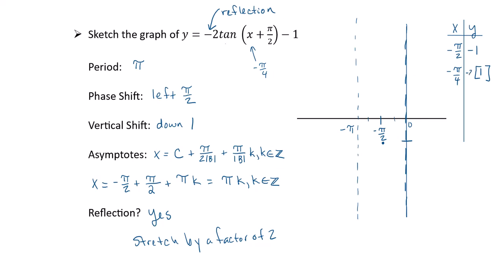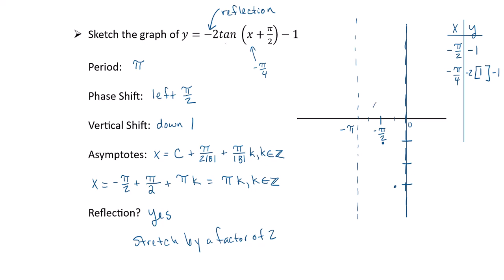But remember that is being multiplied by a negative 2, and then 1 is being subtracted from it, so we end up with a negative 3 there. So at negative pi over 4, I'm at negative 3.